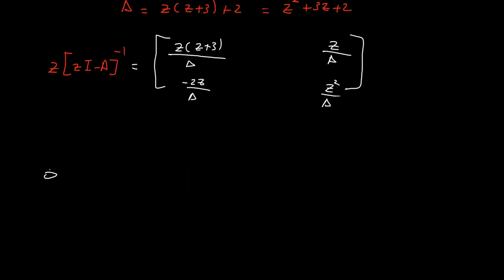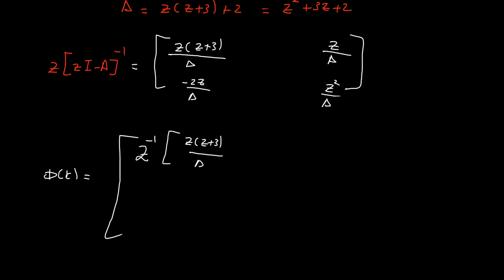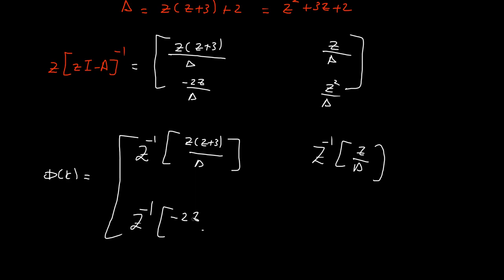So phi of k will equal the inverse Z transform of the first one, the inverse Z for the second one, the inverse Z for the minus 2z over delta, and finally the inverse Z for the z squared over delta.